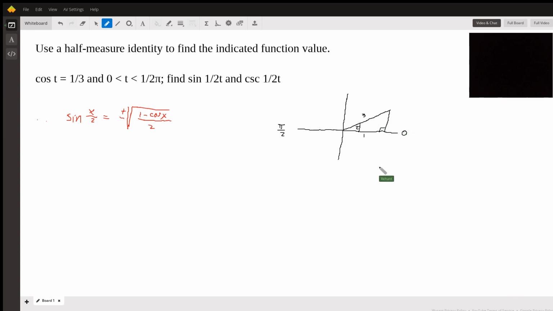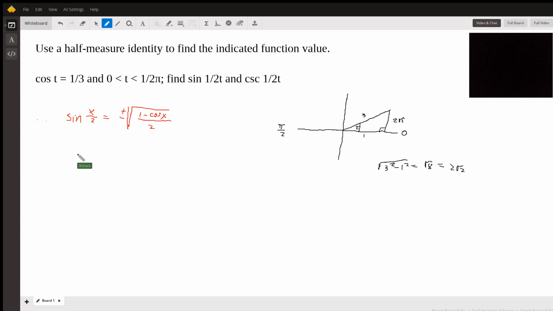So this is going to be the square root of 3 squared minus 1 squared. So it's going to be the square root of 8, which is 2 root 2. So let's put that in there. Okay, so now we're all set and ready to go.